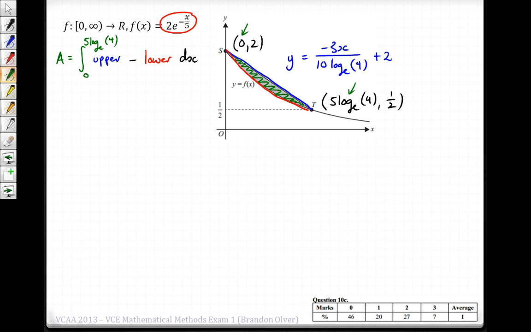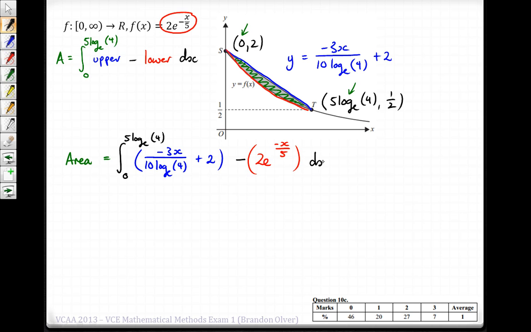So just to make that clear, we're going to say that our area equals the integral between 0 and 5 log e of 4 between my upper curve, which I said was minus 3 outside of 10 log e of 4 x plus 2, minus our lower curve, which is 2e to the power of negative x on 5, all with respect to x.